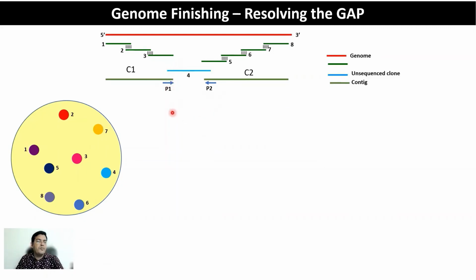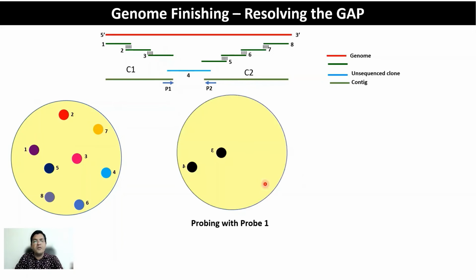So when you probe your library with P1, you will get a signal at the colony that contains fragment 3, and also in the colony that contains fragment 4. You already know the location of fragment 3, so the other colony that gives you the signal would be your actual colony, from where you can pull out the plasmid and sequence it to get the sequence of fragment 4.